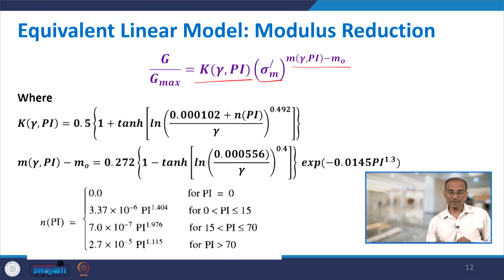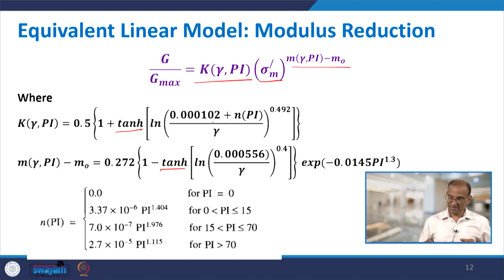K gamma PI is a function of strain gamma and PI, the plasticity index. The equation is long; here it is tan hyperbolic, not normal tan, in this equation, and it is a function of gamma and PI. When PI equals 0, that is for sand, N of PI will be 0. So N of PI can be directly put in these equations as 0, and in that case the equation is simplified very much.